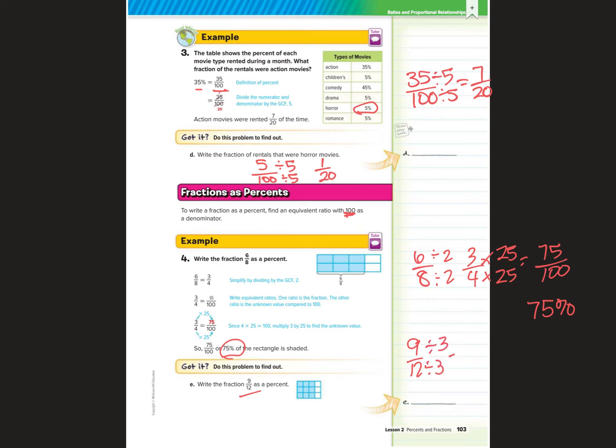Divide by 3, divide by 3. Oh yes, we're going to get 3/4 again, which is fine. Then we already know we can multiply by 25 over 25. So I'm going to get 75 over 100, which is equal to 75%.